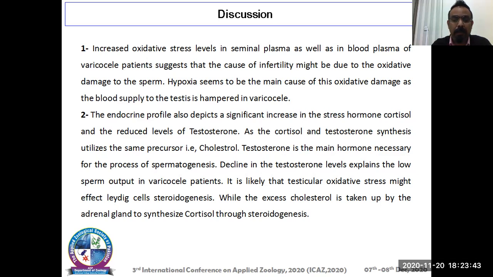Now, the precursor for cortisol and testosterone is the same, that is cholesterol, and it is likely that the steroidogenesis which is happening in the Leydig cells has been affected by the oxidative stress. So the extra amount of cholesterol in the blood has been consumed by the adrenal gland to synthesize the cortisol, which is also known as the stress hormone.